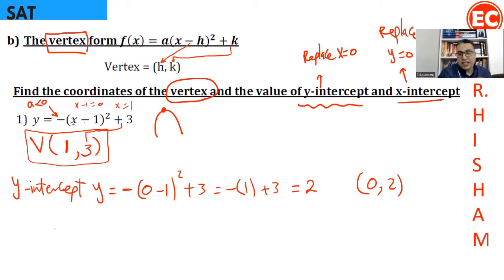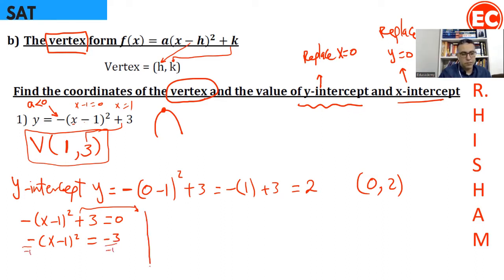And to find the x-intercept here, I will make the whole equation negative (x minus 1) squared plus 3 equal to 0. Listen carefully to how I will solve this equation, because I'm going to use completing the square. This is negative. Positive 3 will move to the other side, negative. Divided by negative 1, divided by negative 1.